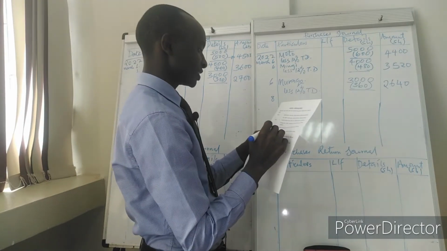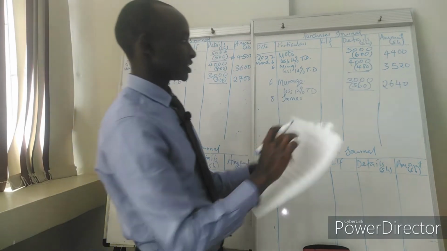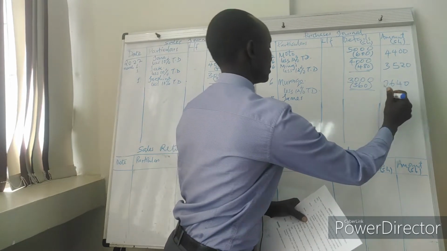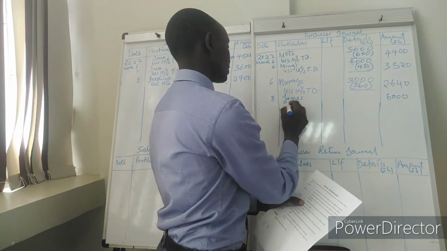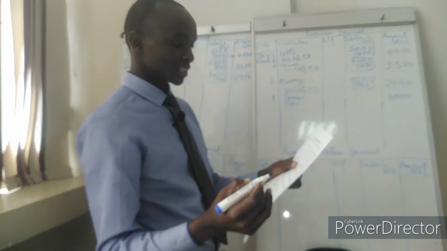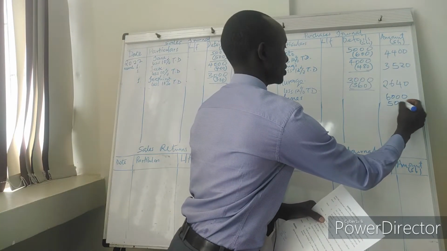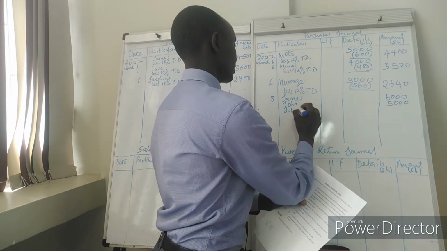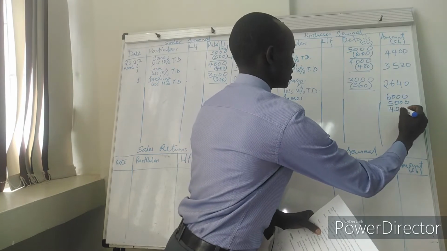We have James 6,000. Since there is no adjustment for discount, you take the 6,000 to the amount column. Then we have John, still the same case, there is no adjustment for discount, you take the figure on the amount column. Then you have Juliet, no adjustment for discount, the same, you put the 4,000 on the amount column.